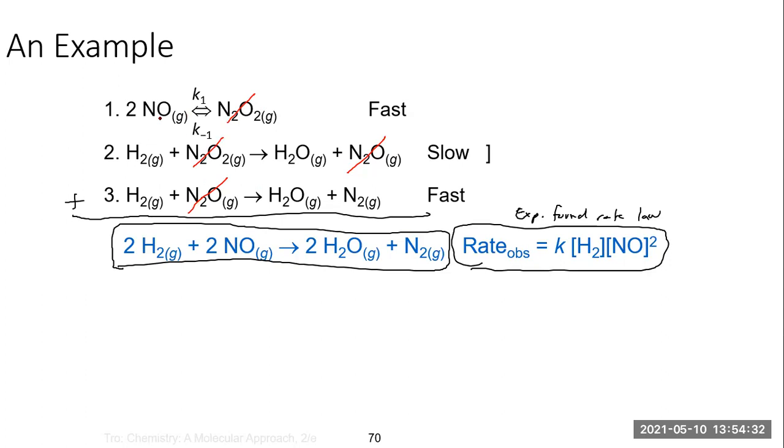Now, keeping everything on the left-hand side of the arrow, I end up with 2NO plus there's an H2 and an H2, so that is 2H2. And that is going to our product side, which is the right-hand side. I have 2 waters, and I have an N2.